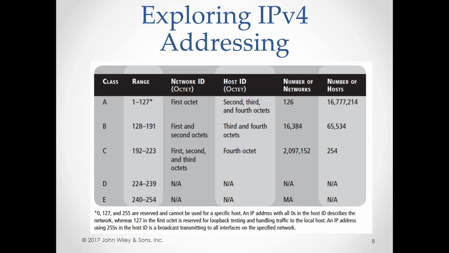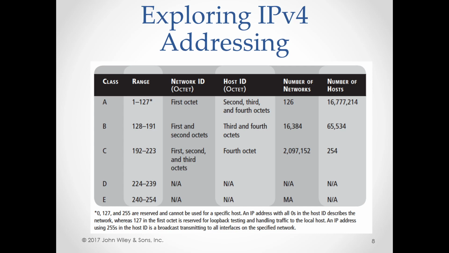Note the examples. In a Class A, there are 126 networks. Each one of those networks can have 16,777,214 hosts. Not very efficient. If you're in a Class B space, you can have 16,384 networks. Each one of those networks can have 65,534 hosts.